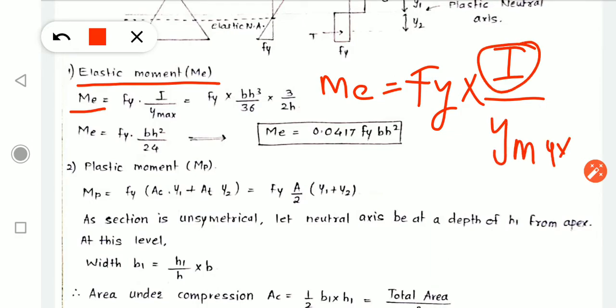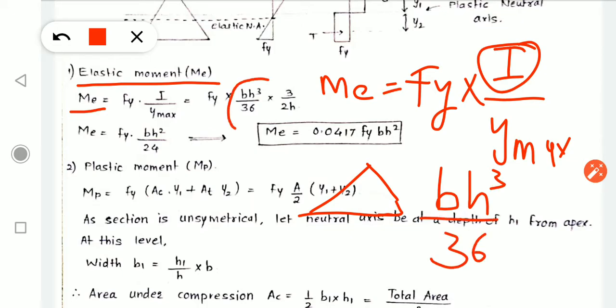Now what is I? I is the moment of inertia, and you already learned the moment of inertia for a triangular section. It is BH cube divided by 36. That's what I wrote over here, and I took this Y max on the numerator side.